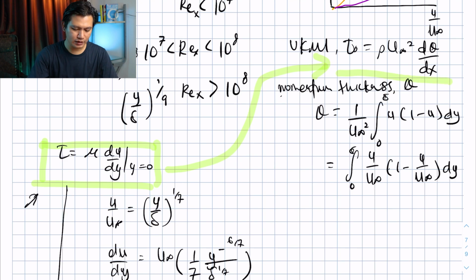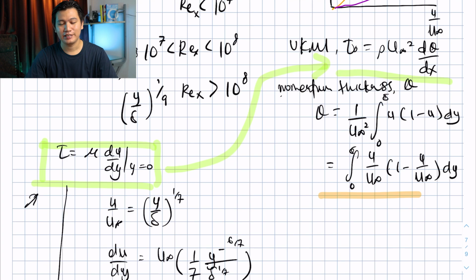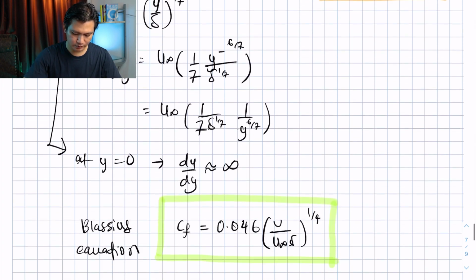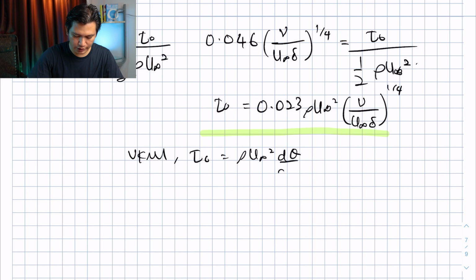And in order to find this tau, we need to find theta first. So I'm going to write this again. From the von Karman momentum integral, we got tau naught equal to rho u infinity square d theta over dx.